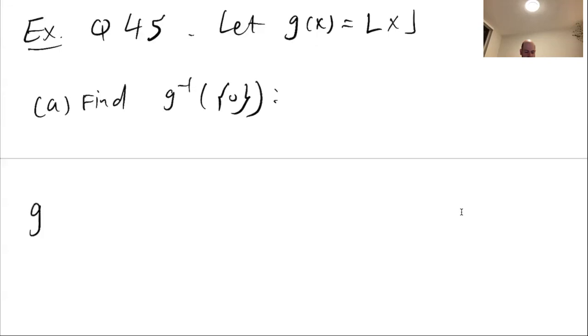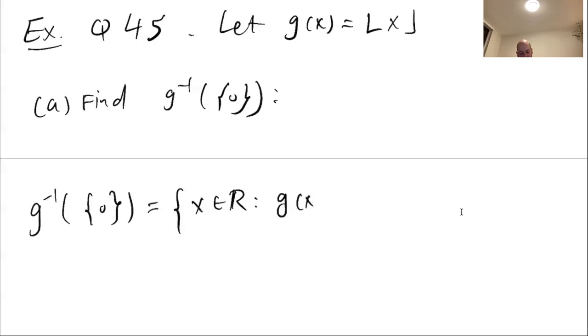So by definition, g inverse of 0 is all elements x in R such that g of x, which means floor of x, is inside this set, meaning 0. So all elements x in the domain whose outputs are 0.